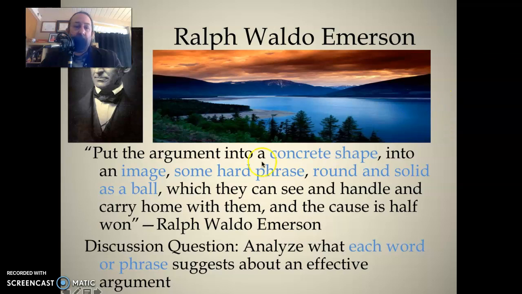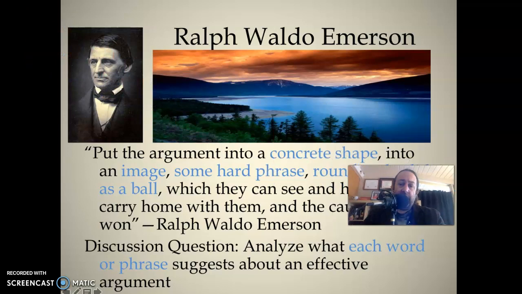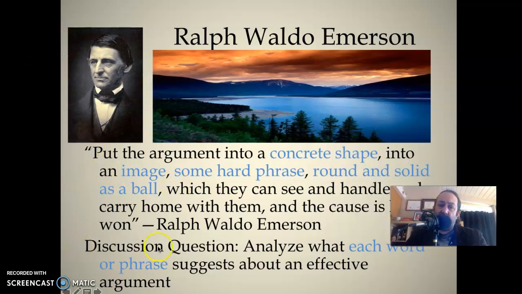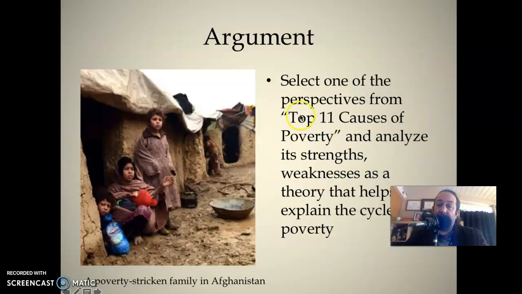All right. But you can sort of get the pattern here. This one gives you a quote, and then you're asked to analyze and dissect the quote. Look at all four phrases or ideas that are in blue and break these down, and ask yourself why it would be useful for an argument to be round and solid as a ball. What does that exactly mean, precisely? This one requires you to do a reading.